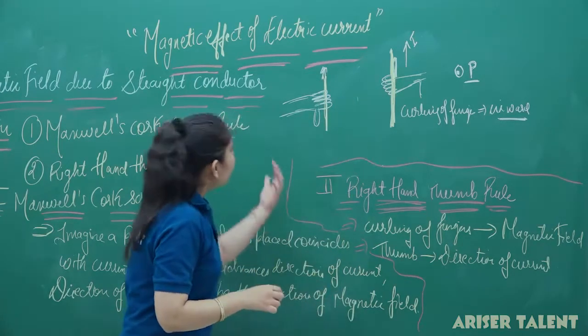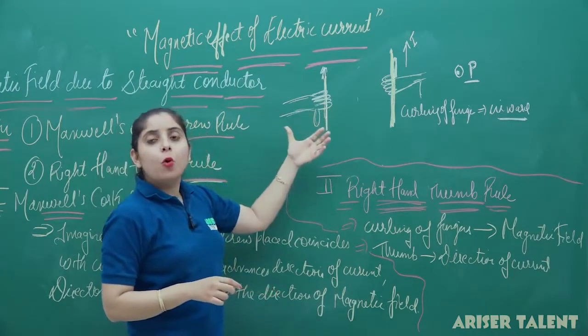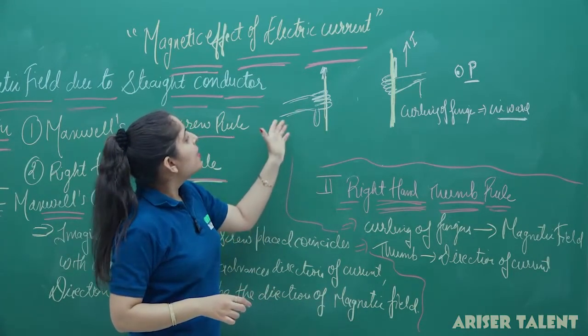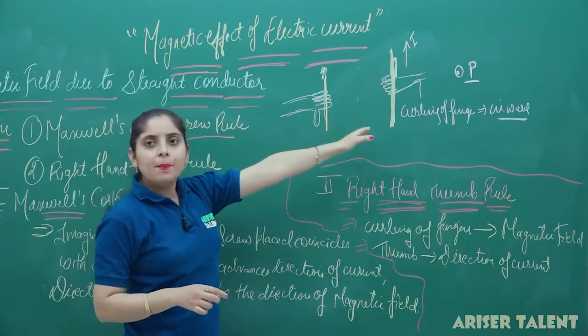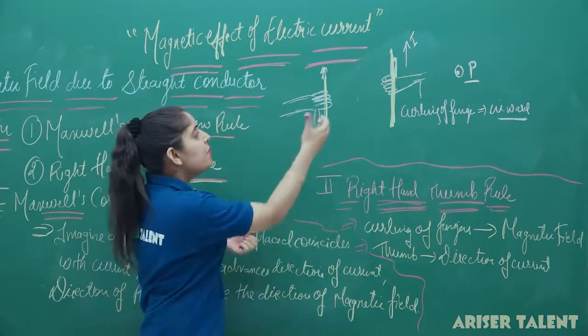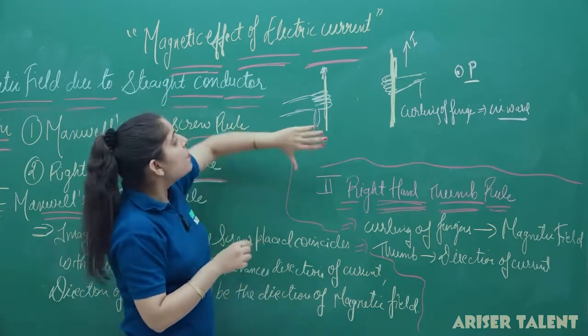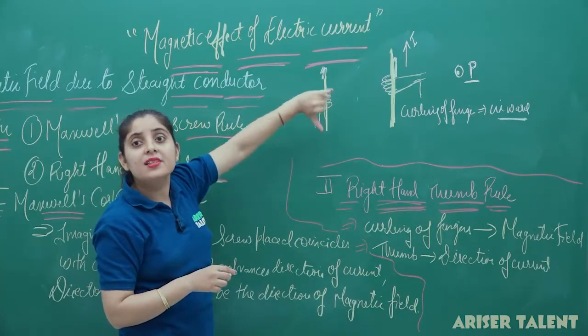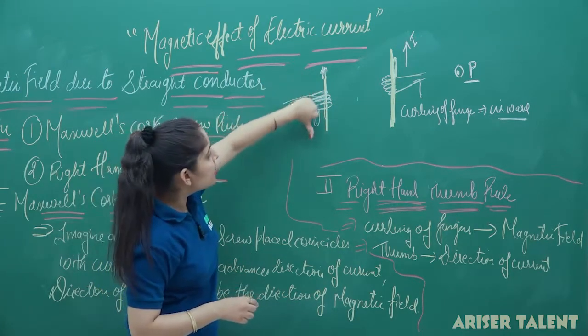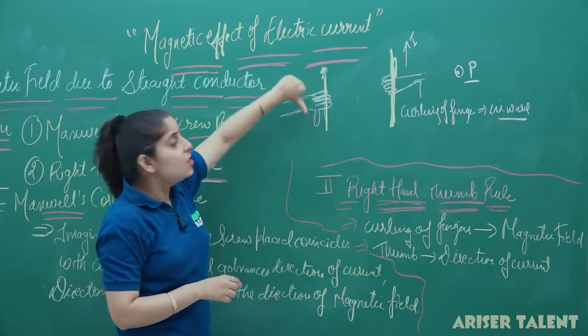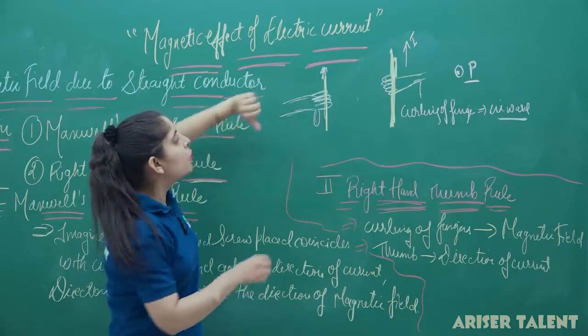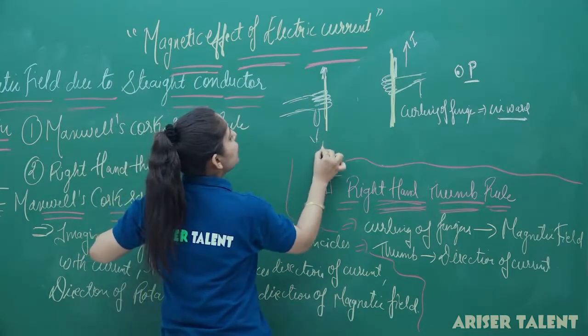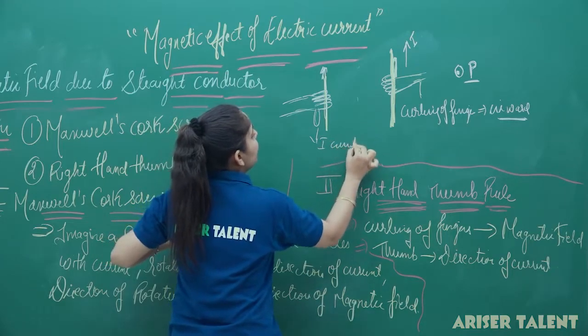In the beginning part, I held the conductor so that my fingers are inwards. Now, my fingers are outward in this case. So this thumb is pointing downwards, and this thumb, which is pointing outwards, will show you the direction of current. This will be the current here.